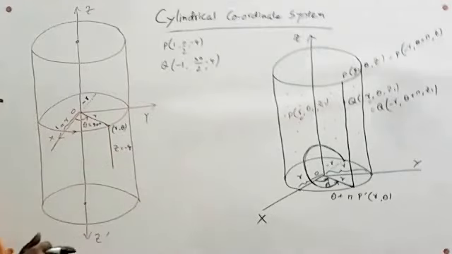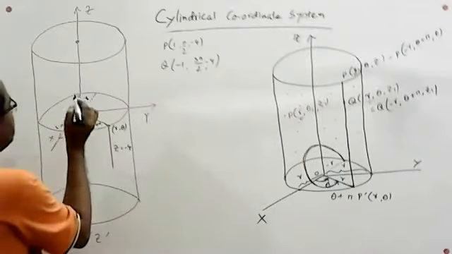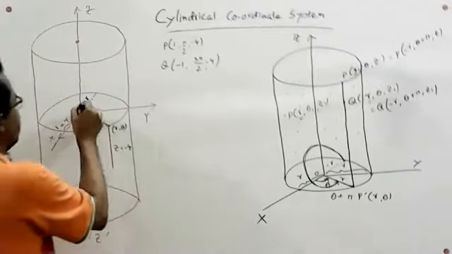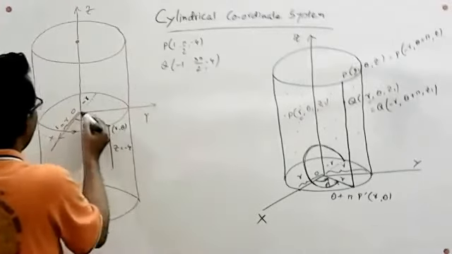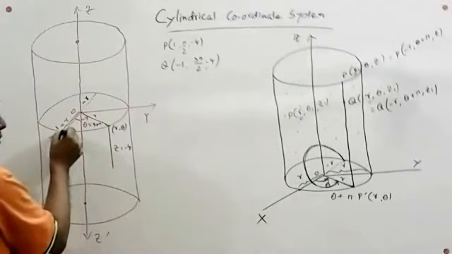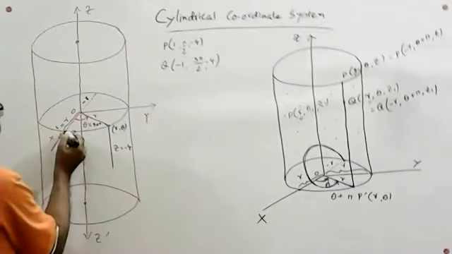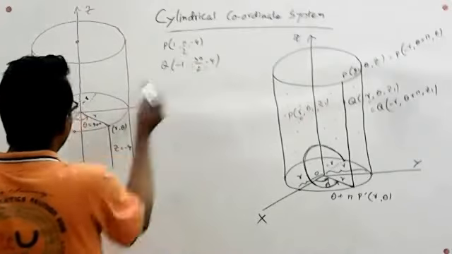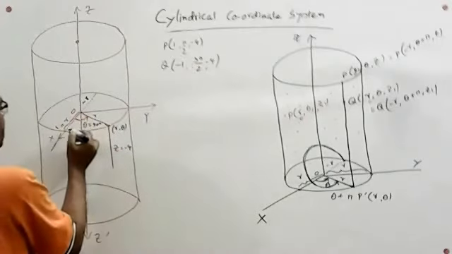I again repeat this procedure. We will have to start from the pole or O. Then we have to measure this amount along the x-axis. We have got this point. And from this point, we will have to move with an angle pi by 2 anticlockwise.